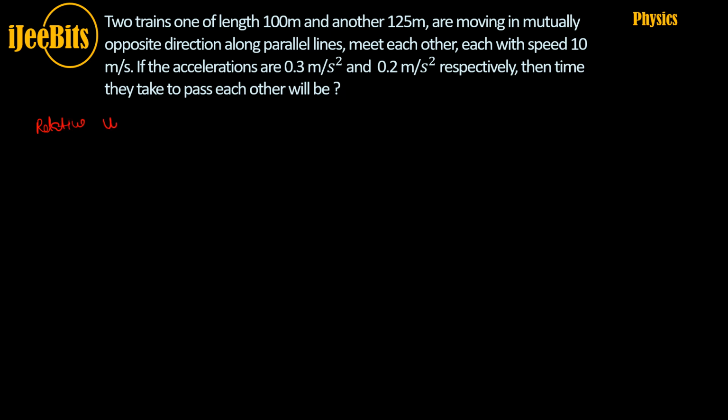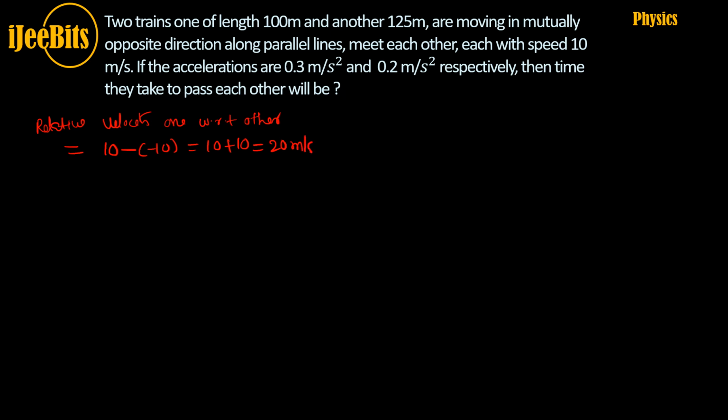Relative velocity of one with respect to the other. How much? 10 minus of minus 10. That means 10 plus 10, 20 meters per second.